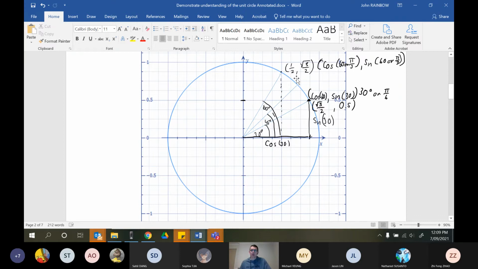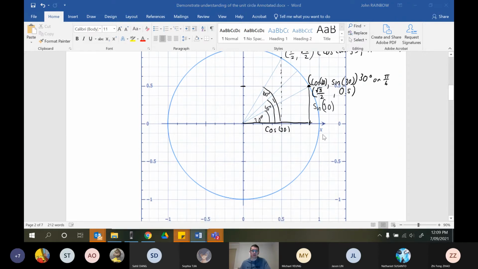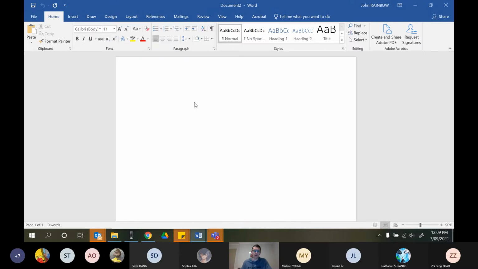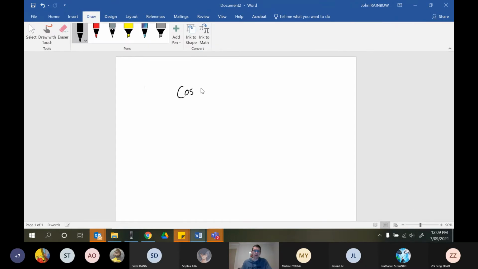But what I'm really trying to show you guys is that my x coordinate is the cos, okay? Because it's adjacent over hypotenuse. Because your hypotenuse is 1, it really doesn't matter. So if I say cos 30 degrees and we're dealing with the unit circle, we know it is root 3 on 2 divided by 1, because cos is adjacent divided by my hypotenuse.